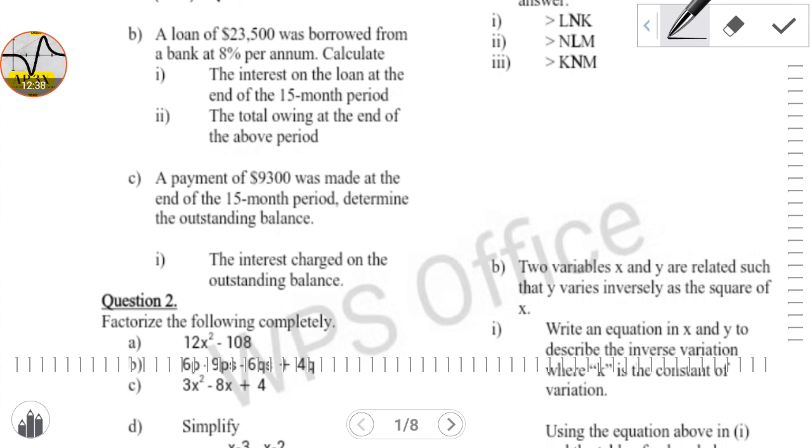We are asked to calculate the interest on the loan at the end of a 15-month period. Part 2 says that you need to calculate the total owing at the end of the above period, which is the 15 months. And then we go on to say that a payment of $9,300 was made after that period, determine the outstanding balance, so on and so forth.